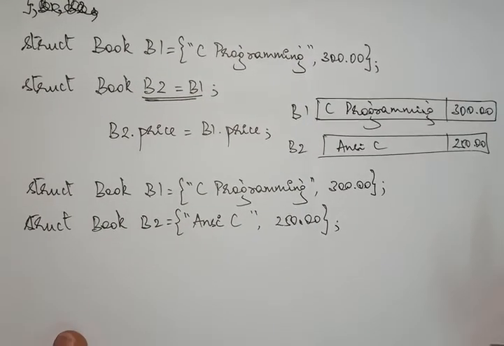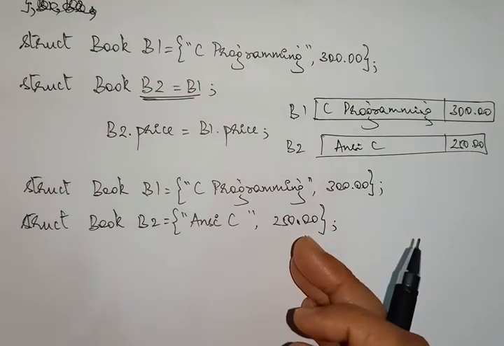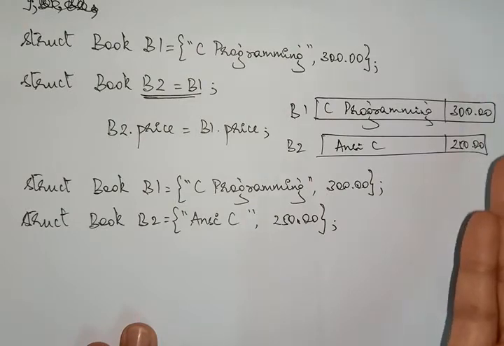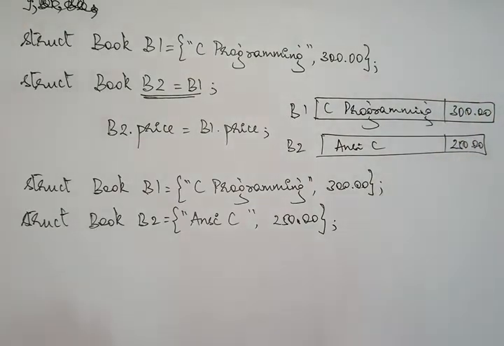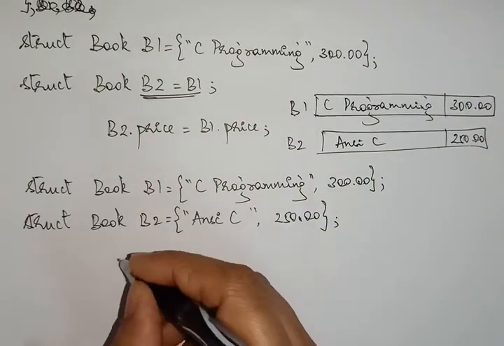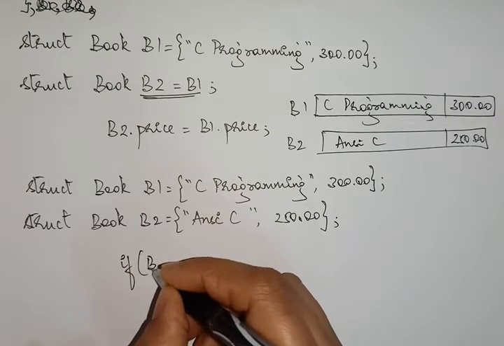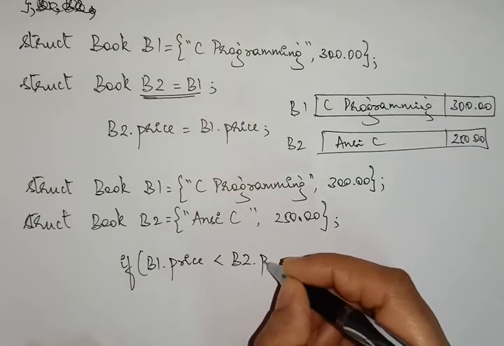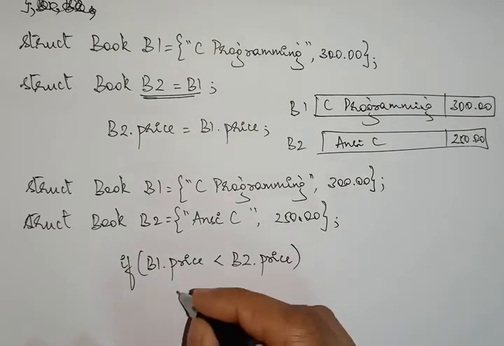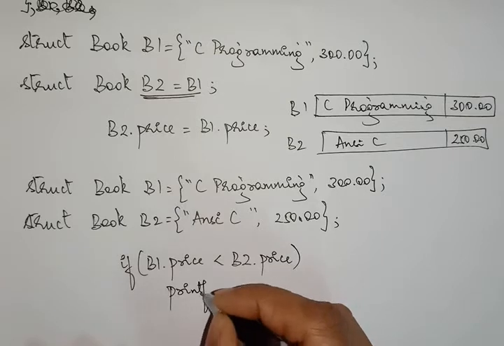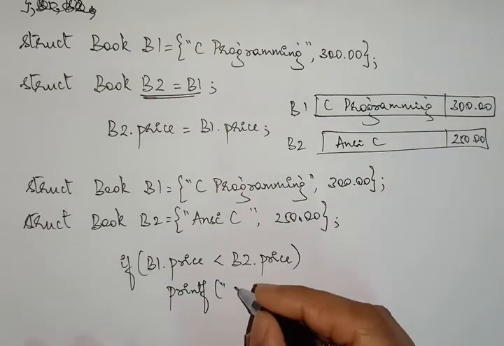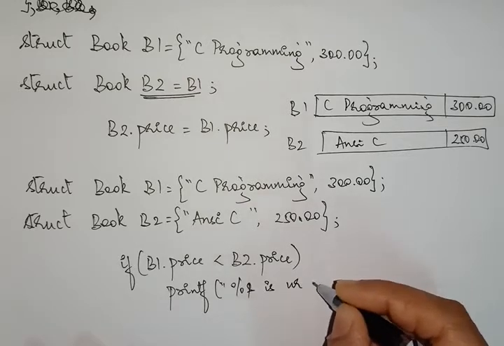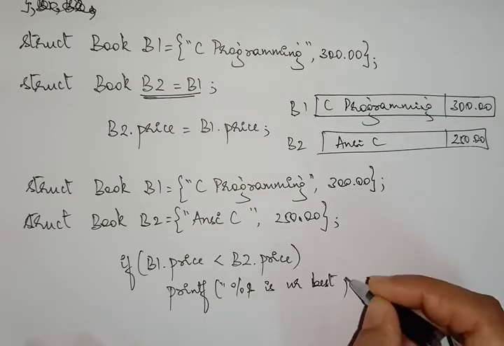So in this it's very clear what you have to compare. You need not compare the title of the book, you just have to check the price of the book. So you can give the condition: if B1 dot price is less than B2 dot price, you can convey to the customer that %s is your best pick.